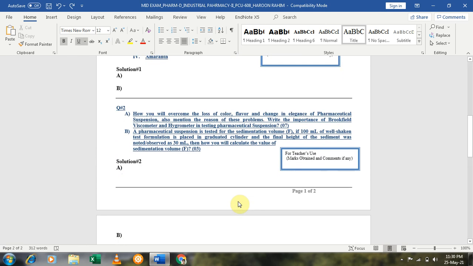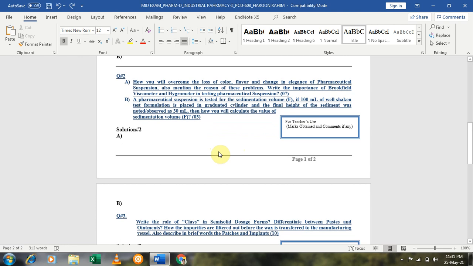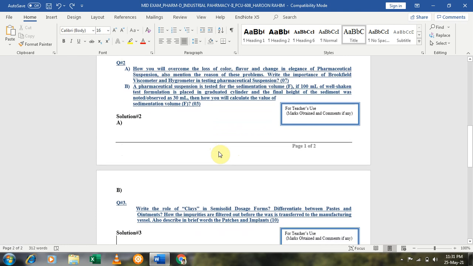And the part B, similarly, you have to attempt the sedimentation volume calculation related, and you have to write the formula, and in that particular formula you have to write the values, and after that you have to calculate the sedimentation volume, that is designated by capital F. And similarly you have to add the references separately, as you can also at the end mention over here in part A after part A completion and as well as part B.